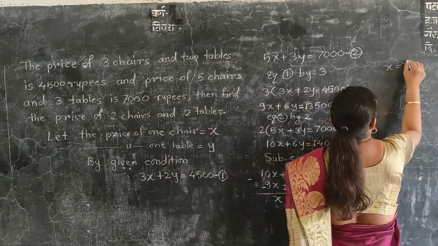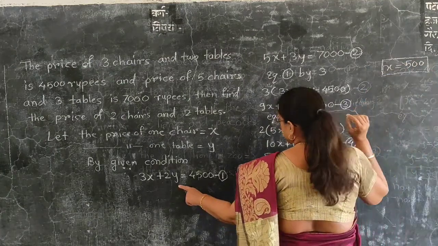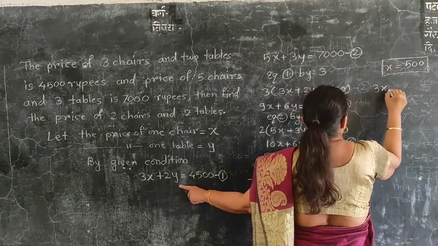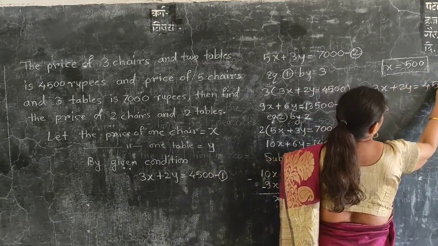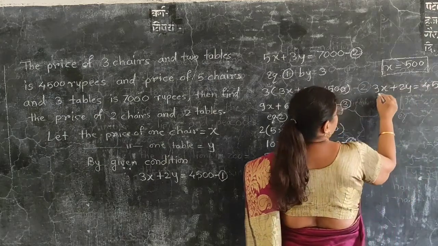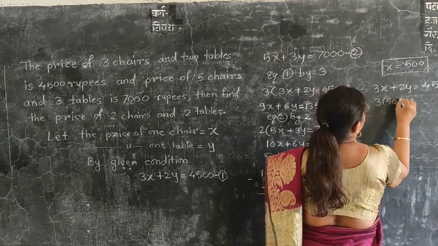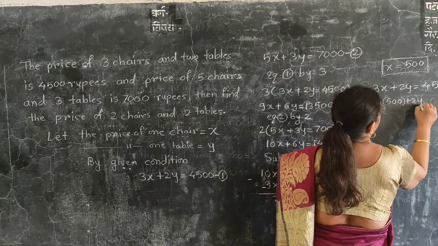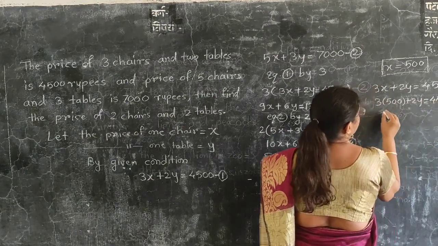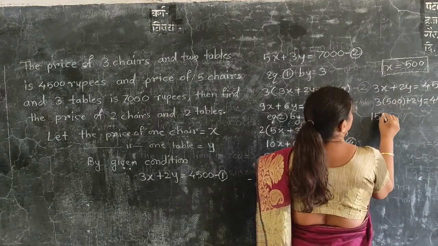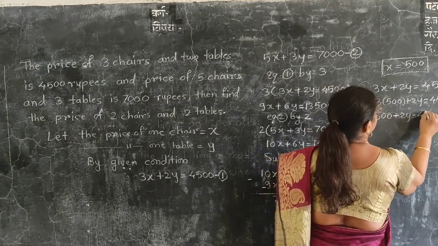Now put this value of x in any of the given equations. Let us take the first equation, 3x plus 2y equals 4,500. So 3 into 500 plus 2y equals 4,500, that is 1,500 plus 2y equals 4,500.